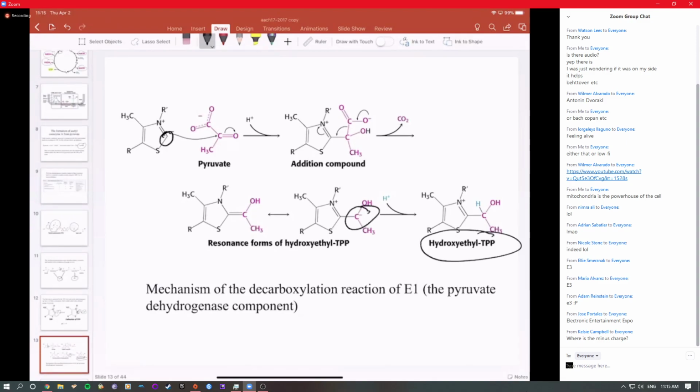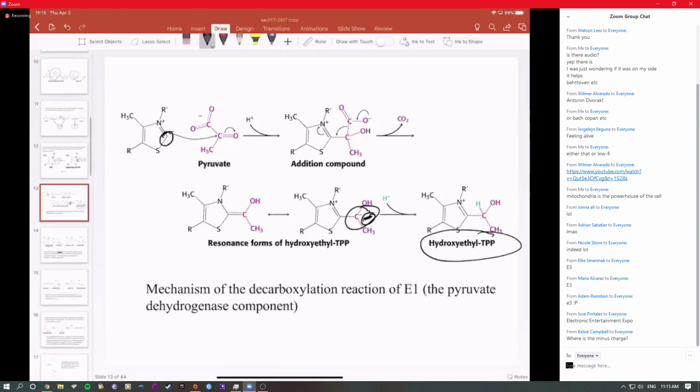There's a negative charge right there, so let me just put that negative charge and circle it. If you protonate it, you get the hydroxyethyl TPP. But what's important is the resonance form of the hydroxyethyl TPP. This negative charge here, of course, is going to be quite nucleophilic, and we'll see how it reacts on the next slide. So let's take a look at the next slide.